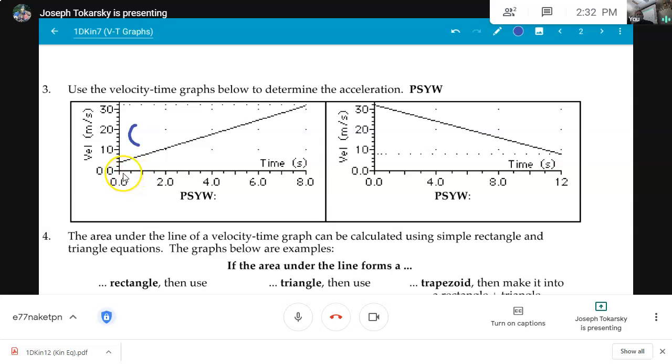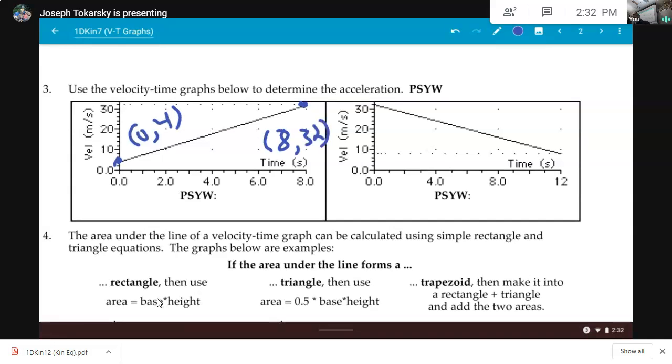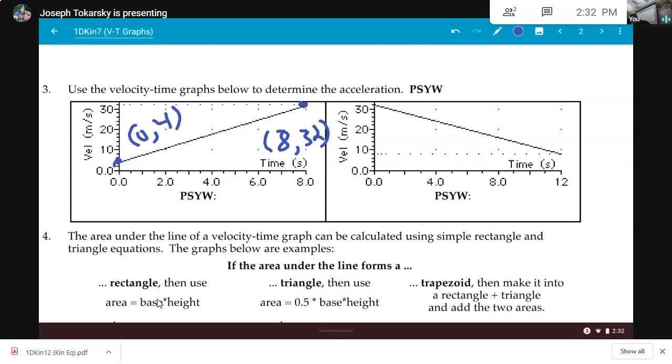So we're at 0 for the x coordinate, the time, at t equals 0. And the y coordinate, which represents velocity, looks like we're at 4, right? So that point right there is (0, 4). The point over here it ends on looks like 8 and about 32 for the y. So we just need to do the change in y over the change in x. So that would be 32 minus 4.